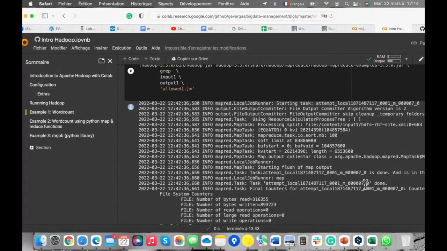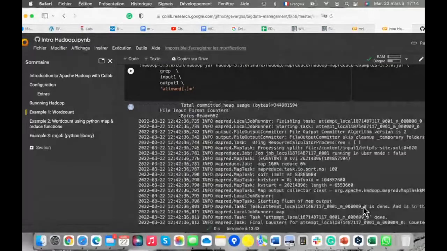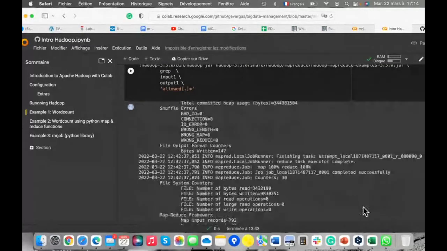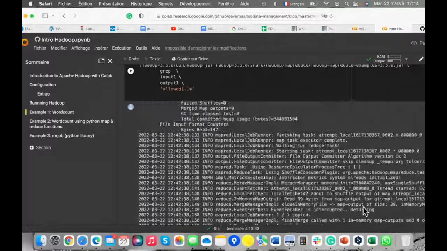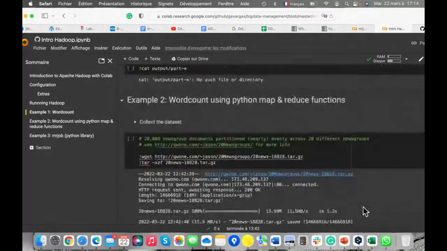All this pipeline starts with the execution of the map and the reduce function, and in between the sort and shuffling process. So this is all about the log.